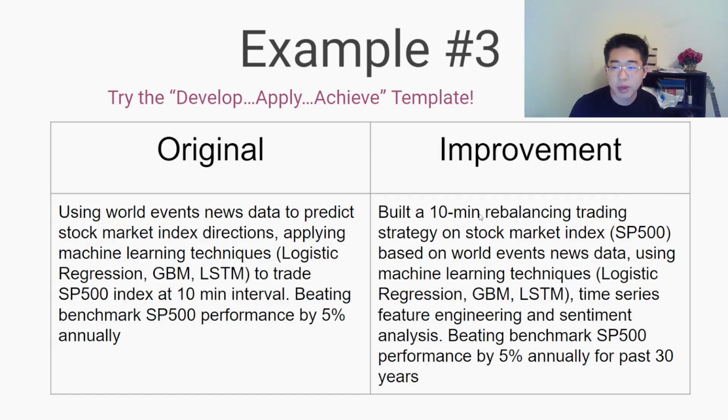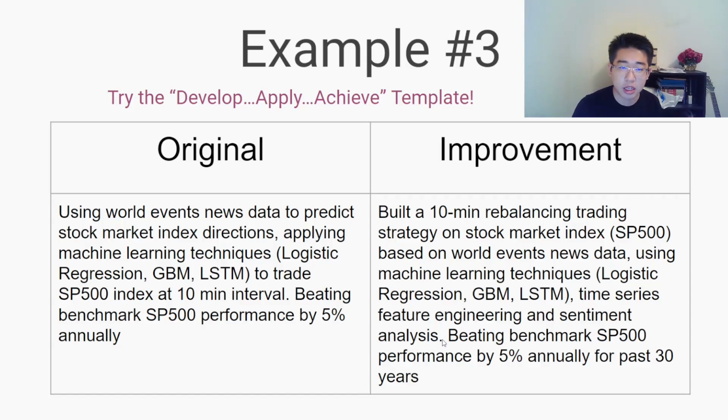Build a 10-minute rebalancing trading strategy on stock market index, SP500, based on world events news data, using machine learning techniques. This is pretty much all unchanged. Logistic regression, GBM, LSTM, and now we're going to add some more details and more buzzwords. Time series, feature engineering, and sentiment analysis. Okay, great.